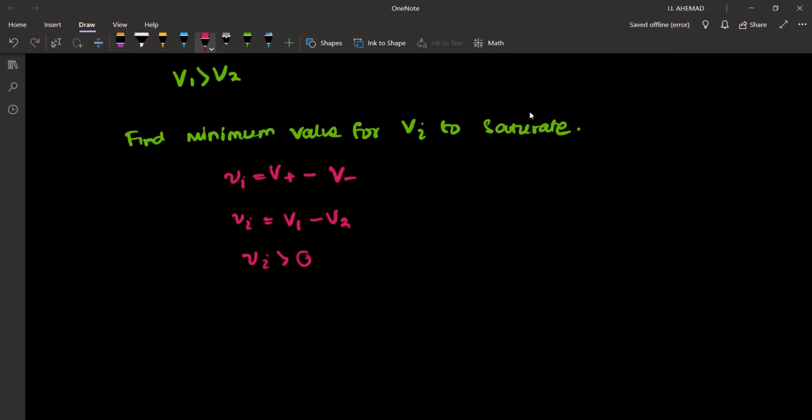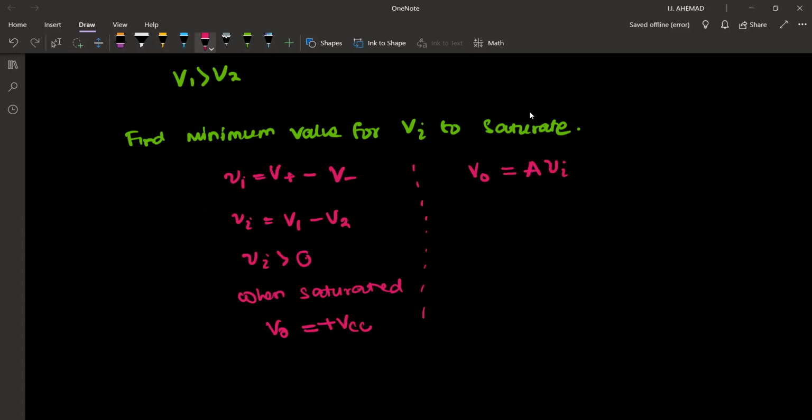Therefore it saturates, and when saturated, V out is equal to plus VCC. So we know during amplification, we had an equation V naught is equal to A times V in.